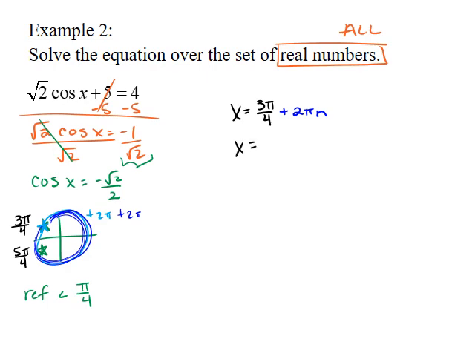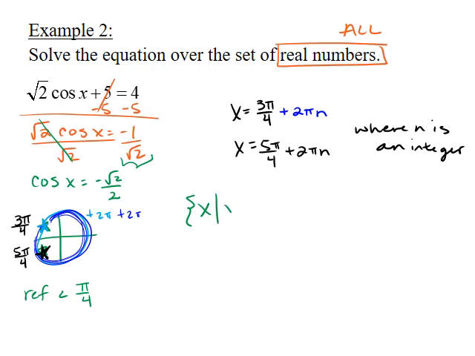We also can do the same thing with 5 pi over 4. To get right back here, I'm just going to make a full revolution. So these are our two answers where n is an integer. You may see these answers written like this, which just says x in the set of all values where x is 3 pi over 4 plus 2 pi n and 5 pi over 4 plus 2 pi n.